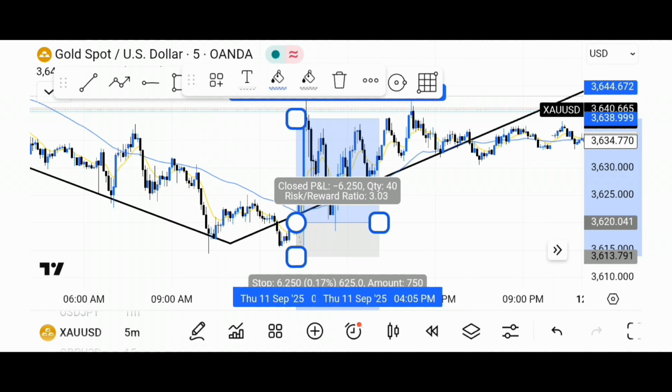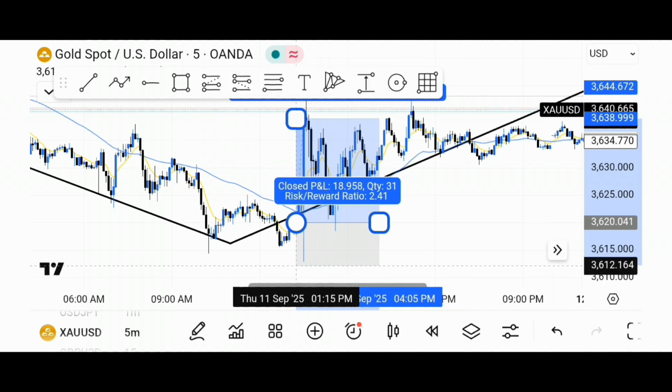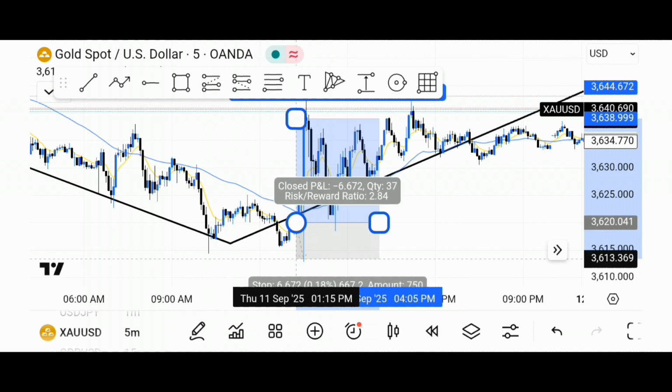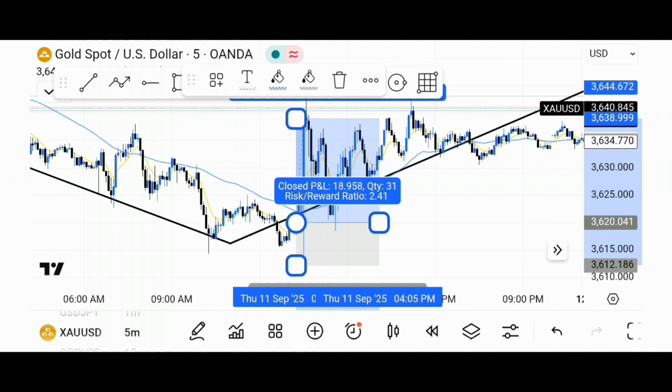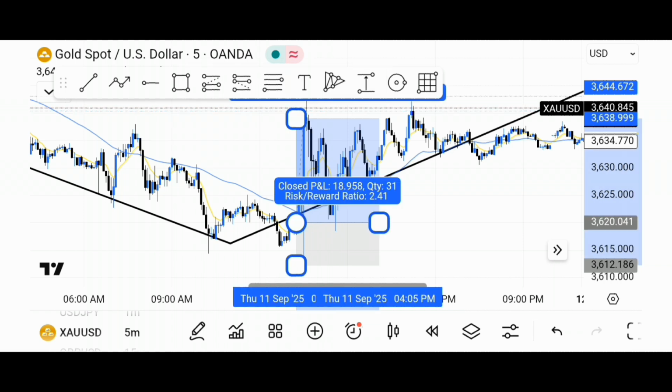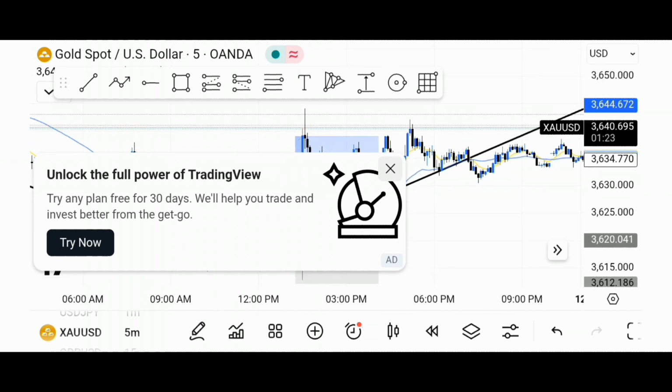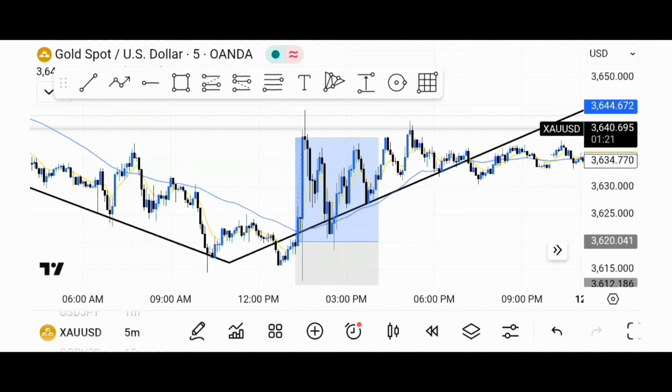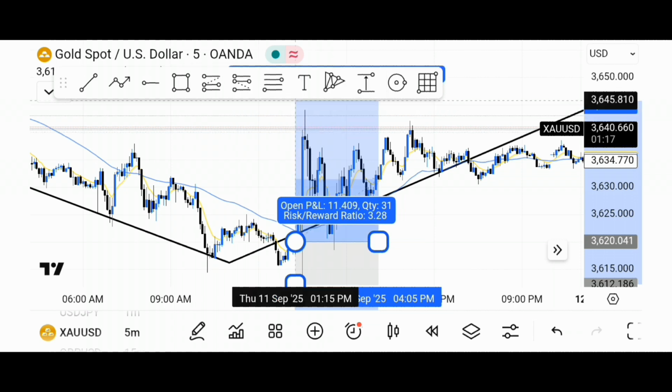So you need to wait for the trend to play out. Now our stops will just be below this liquidity area. Why? Because price came there. So our liquidity point will be there, and this trade gave us more than 2.